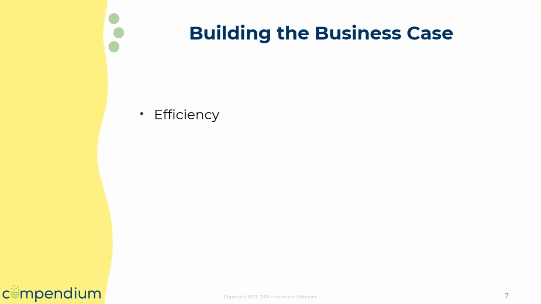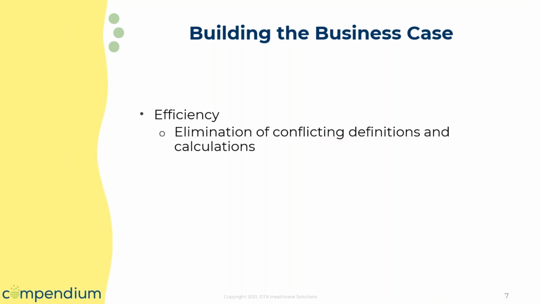Another benefit of good data governance is certainly efficiency. There are a lot of ways that we are more efficient when we're demonstrating good data governance. One is the elimination of conflicting definitions and calculations.